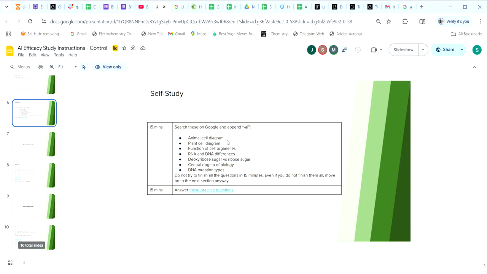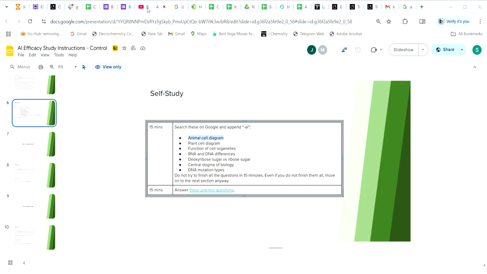Animal cell diagram. An animal cell diagram typically shows a rounded irregular shape enclosed by a plasma membrane.